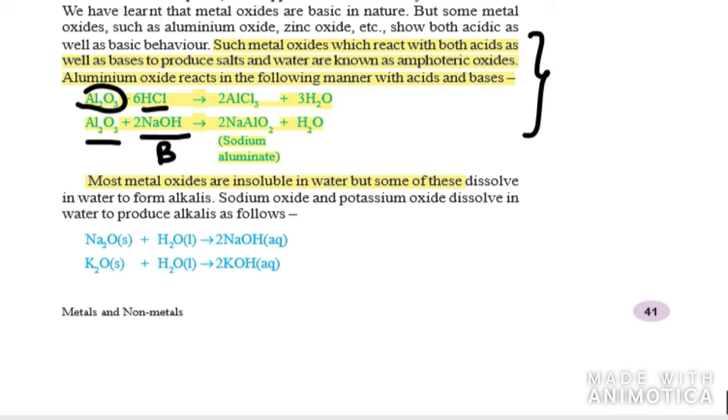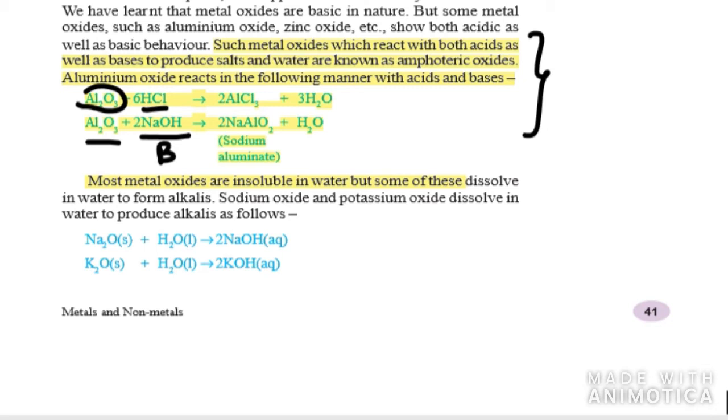Now, most of the metal oxides apart from this are insoluble in water, but some of these dissolve in water to form alkalis. Remember, alkalis are those which get dissolved in water. That's the difference between base and alkalis. Bases do not dissolve in water, whereas alkalis dissolve in water.